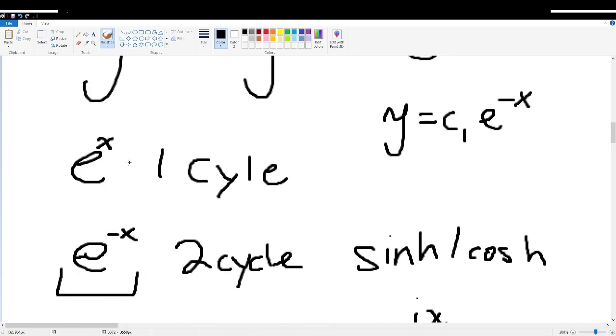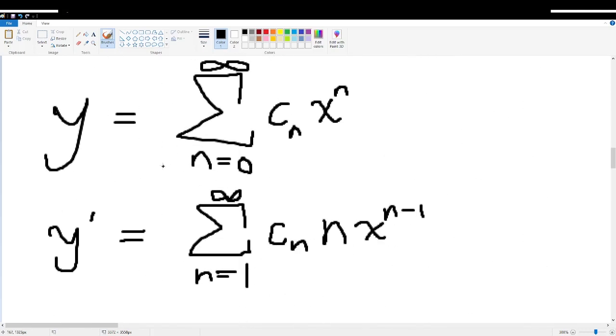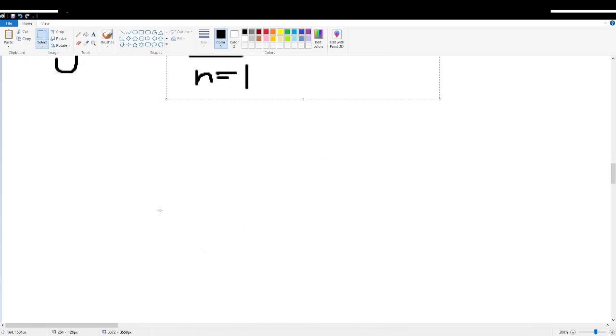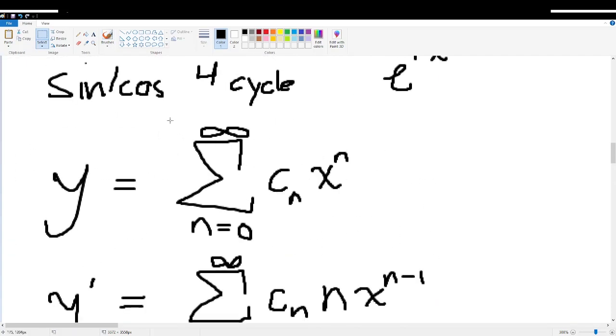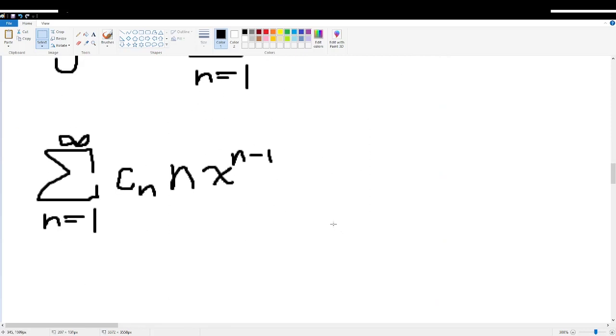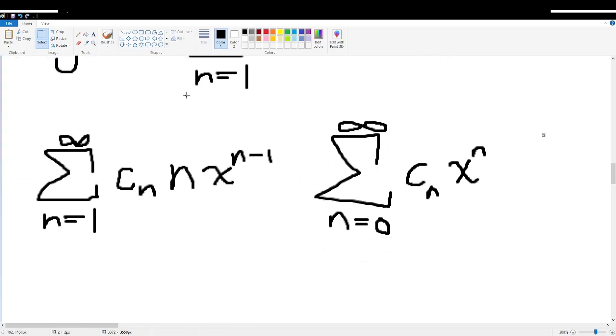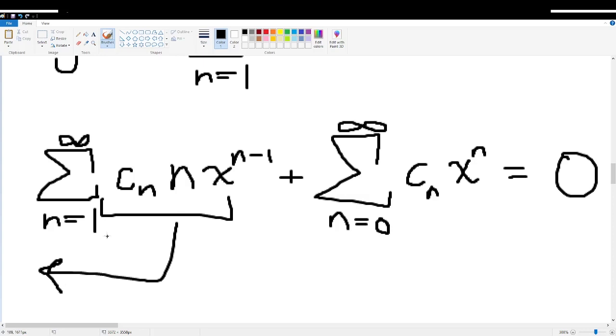So now let's plug this into our differential equation. For brevity, I'm just going to copy them in, equal to 0. Now, something you do not want to do is treat these like integrals and take the constants out. That's not correct in this case because they're not integrals.